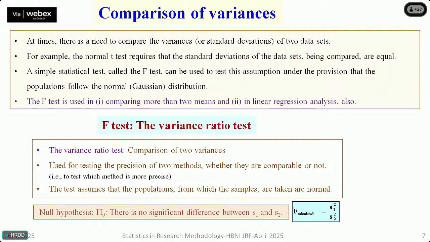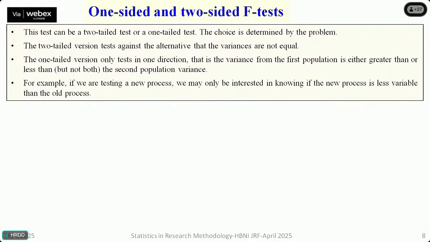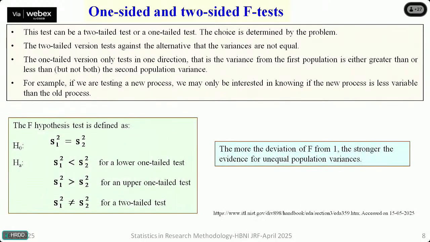A similar argument holds here also. When the variances are comparable, the null hypothesis holds, that means the two people, or the two equipments, or the two methods being compared have identical performances as far as the random variations are concerned.